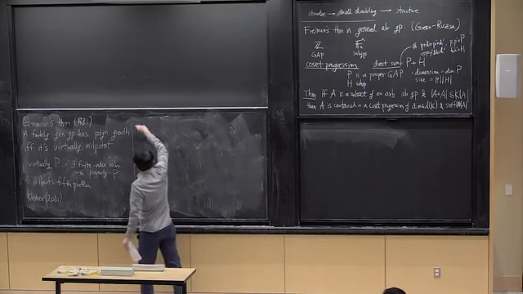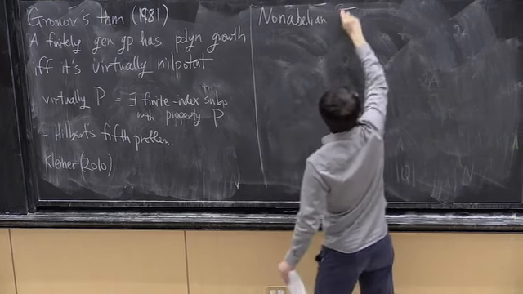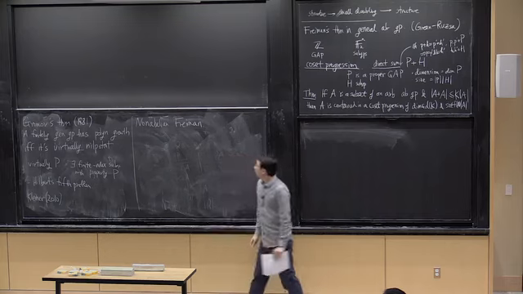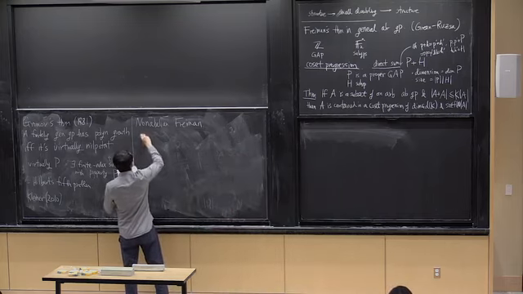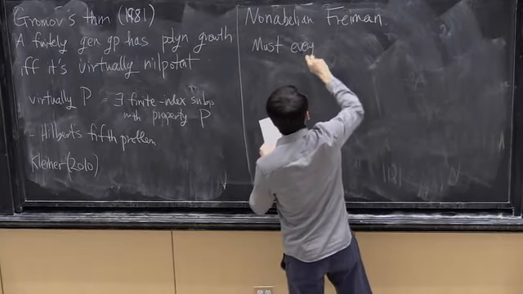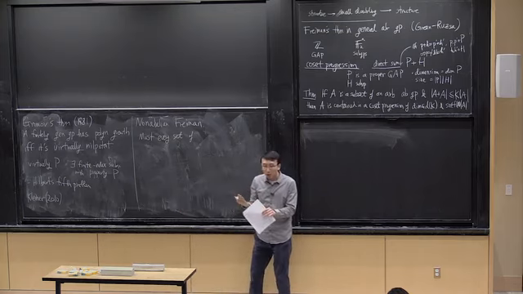Okay, so let's talk about the non-abelian version of Freiman's theorem. We would like some result that says, is it true that every set of, previously we had small doubling.